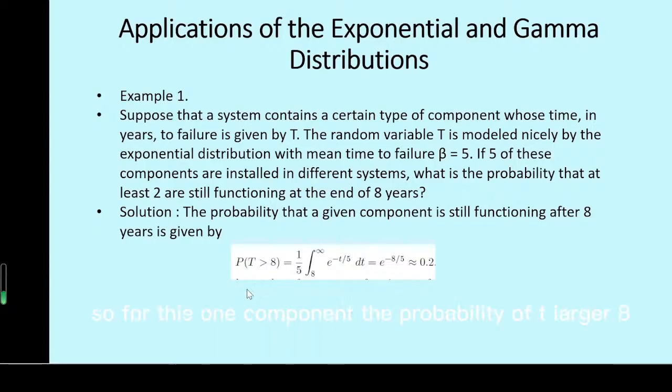For this one component, the probability of t larger than 8, because this follows an exponential distribution, equals the form we have shown in previous pages: e to the minus x divided by beta, right? So this probability is about 0.2, which means for one component, the probability that it can be used for longer than 8 years is 0.2.